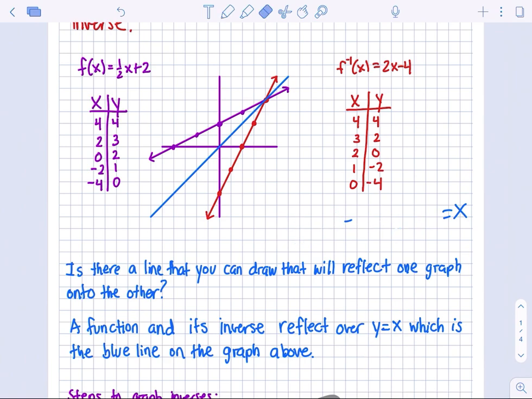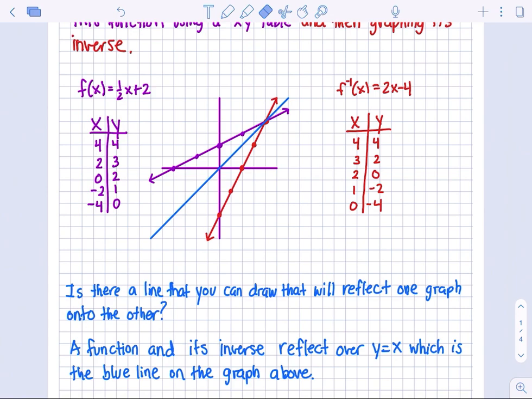That's the reason why it has to equal x. So that's essentially what it means to reflect over the line y is equal to x. It's pretty much the inverse function of the original function.